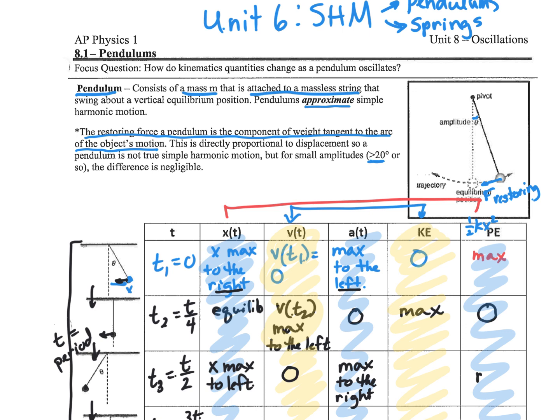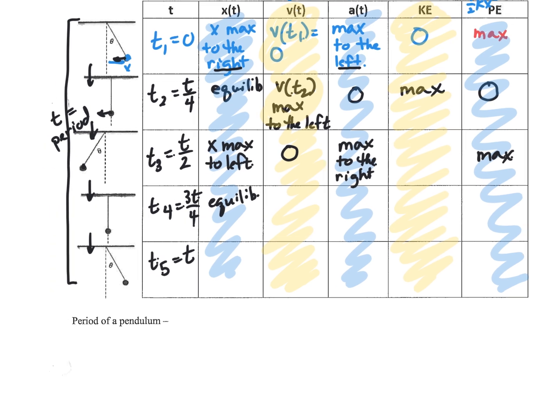Okay? Now, at T sub 4, we're at 0 again. We're at equilibrium again, which means the velocity at T sub 3 must again be a max, but this time, this thing is headed which way? It's headed to the right.